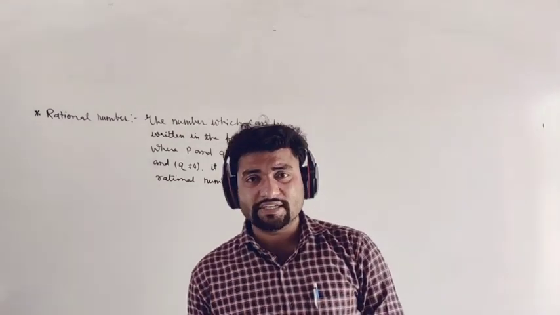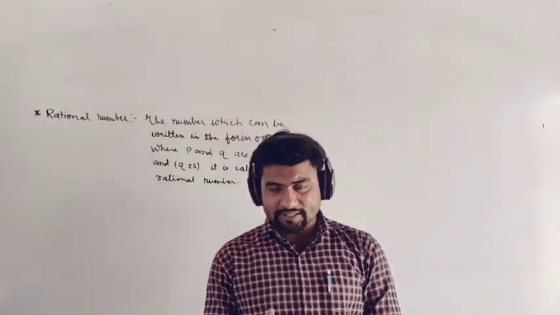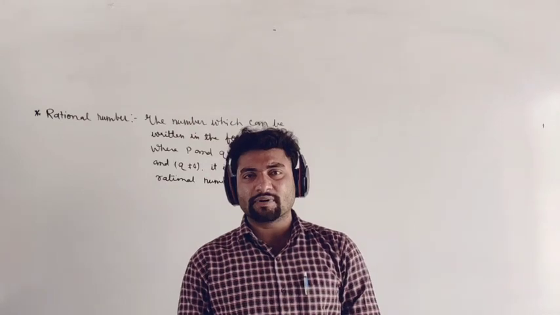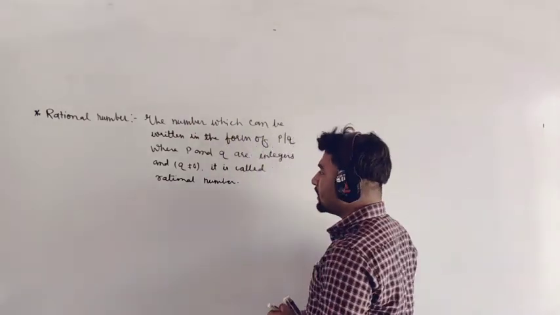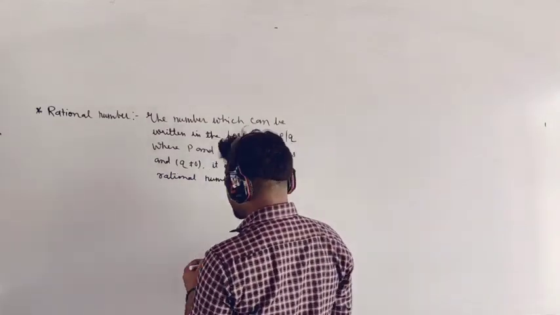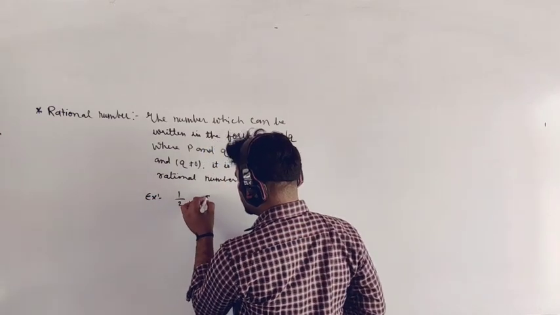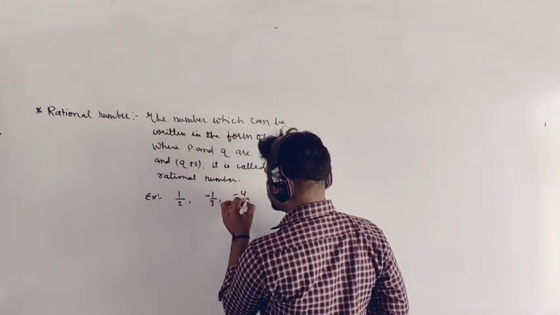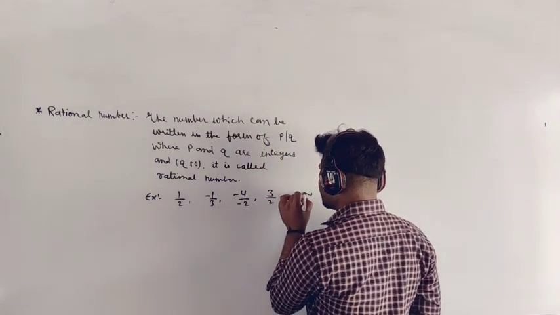You also studied integers in previous classes. Integers means positive numbers and negative numbers. So if we are talking about rational numbers, we have to write some examples, like 1 upon 2, minus 1 upon 3, minus 4 upon minus 2, 3 upon 2, and so on, they are infinite.